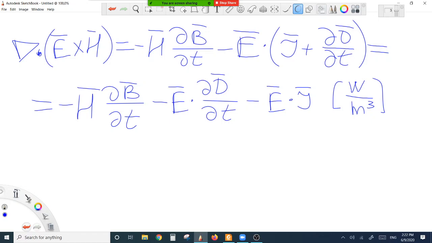Assuming that we consider the power relations in a volume V bounded by an area S, the total power in the volume is obtained by integrating over the volume.